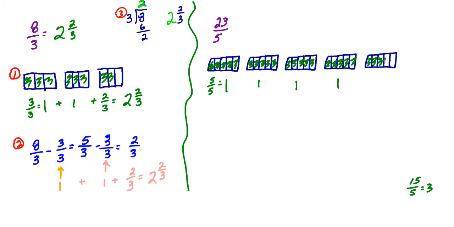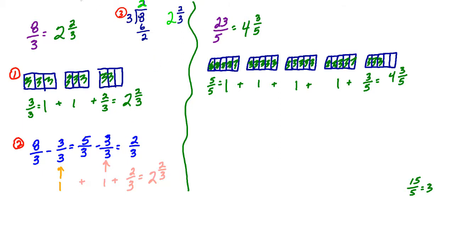So my last one doesn't fill the rectangle, so that's only 3 fifths worth. So I have 1 and 1 more and 1 more and 1 more and 3 fifths. 1, 2, 3, 4, and 3 fifths. My rectangle method tells me this should be 4 and 3 fifths.